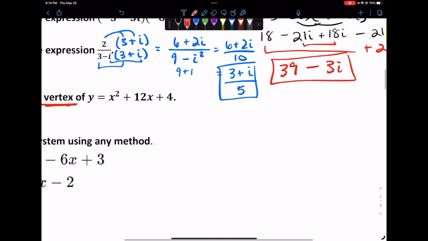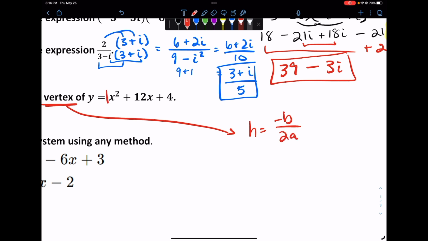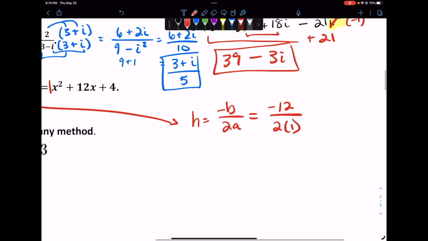So remember, to get the vertex, we've got h. It's going to be negative b divided by 2a. So in this case, we've got negative 12 over 2 times 1. So that's going to be negative 12 over 2, which is negative 6. Then k, we want to plug that in.